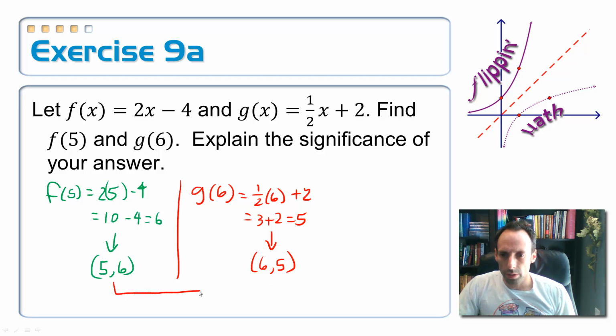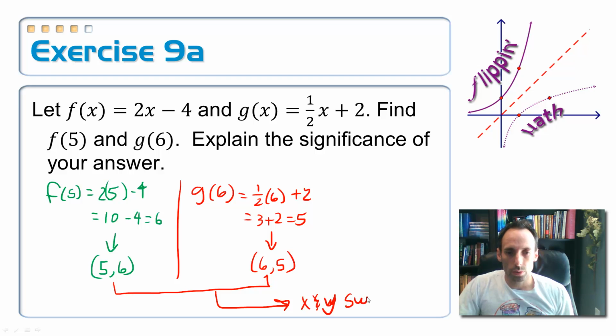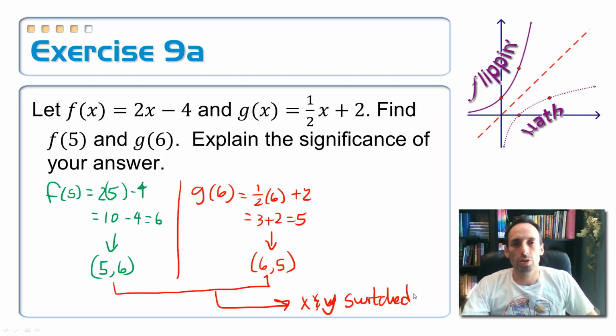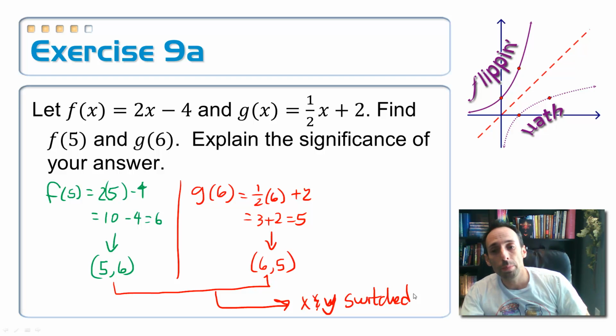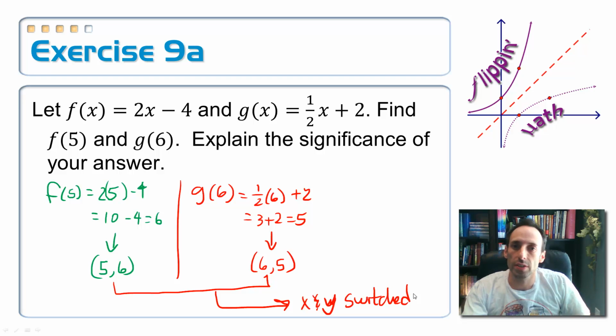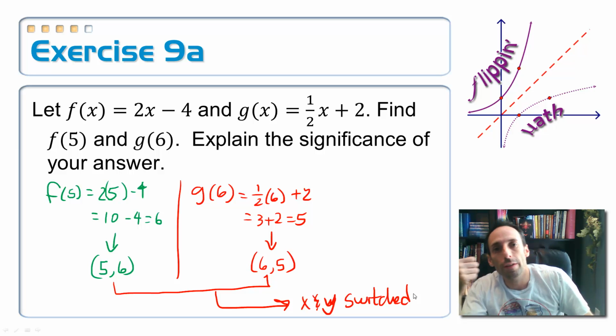What happened is that the x and the y coordinates switched. Well, what does that mean? What I was just explaining to you before, that must mean that these things are inverses of each other. On the first function, if you input the number 5, you get 6 out. If you take the inverse and you plug in the number 6, you get 5 back.